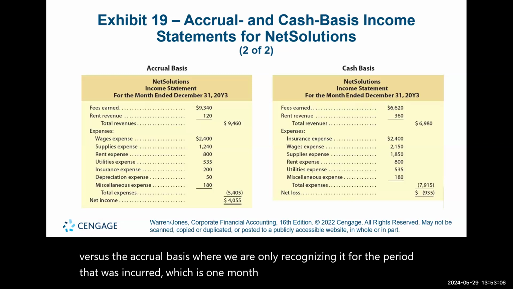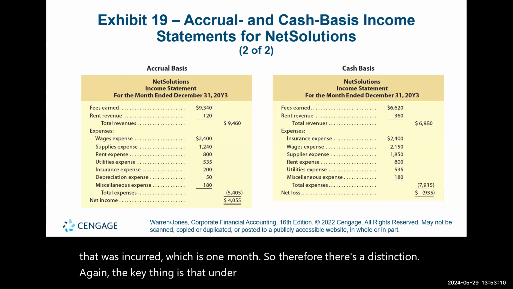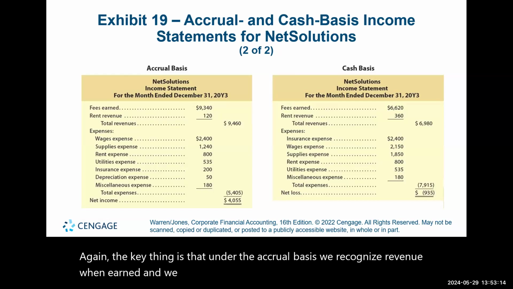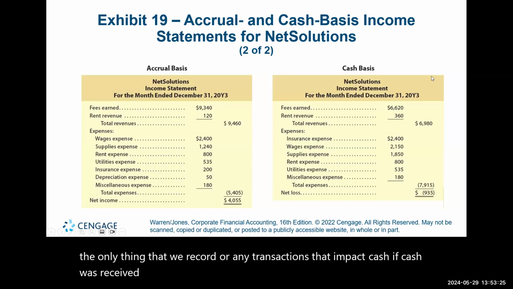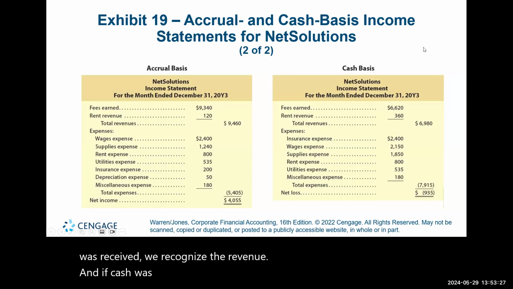So therefore, there's a distinction. Again, under the accrual basis, we recognize revenue when earned and record expenses when incurred. Under the cash basis, we only record transactions that impact cash. If cash was received, we recognize the revenue, and if cash was paid, we recognize the expense.